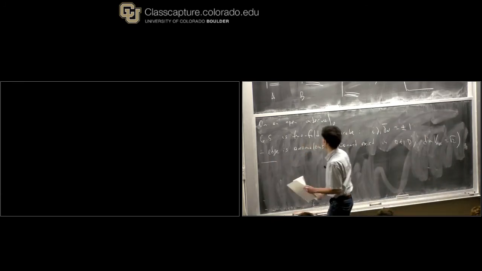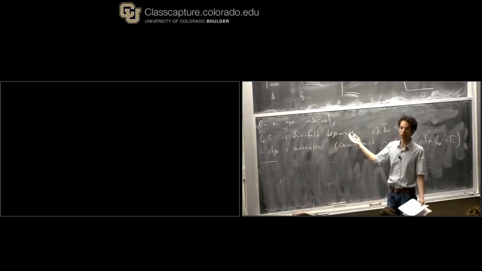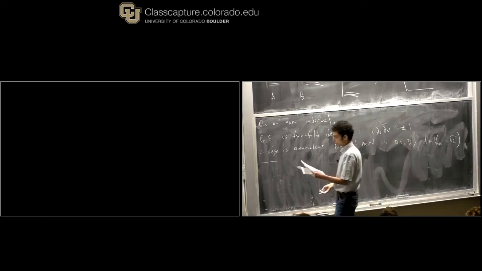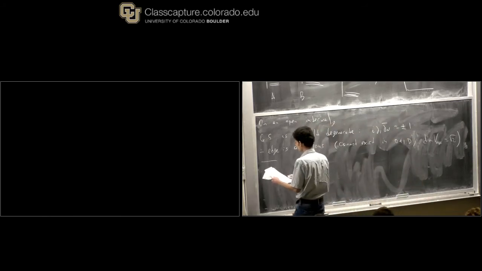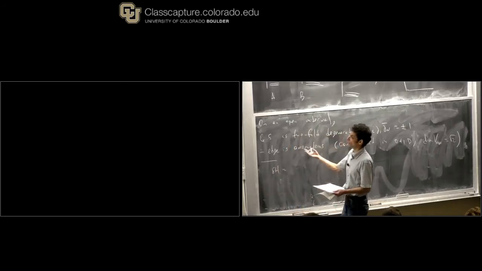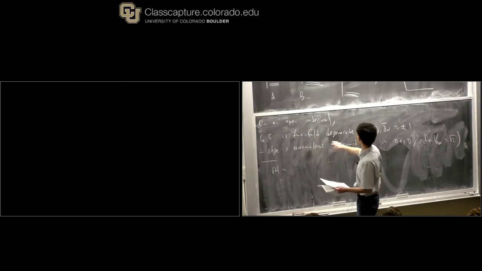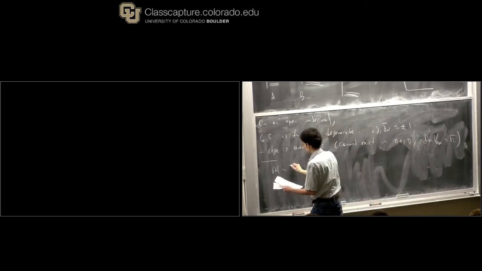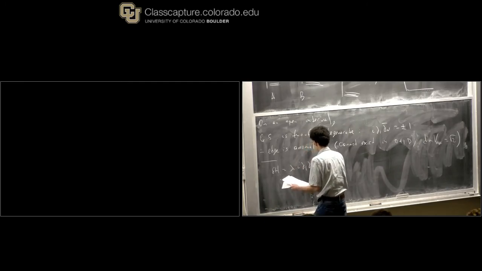Now, this is not a fluke. It turns out that this degeneracy of the ground state for an open chain is stable to perturbations. How do we see that? Well, first of all, the most naive thing that you would write down that would split this degeneracy would be delta H equal lambda i gamma 1 gamma n bar.